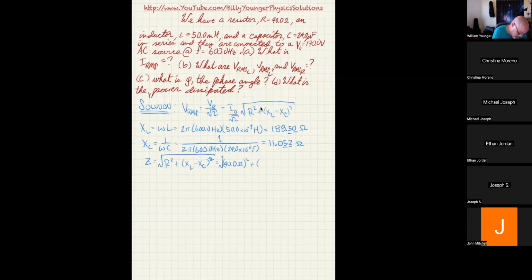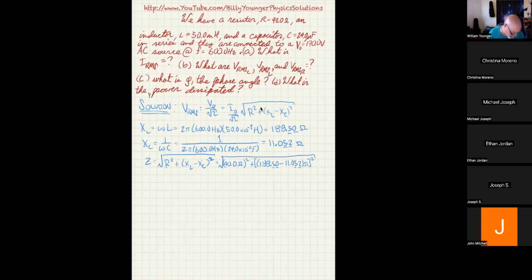And in this case, the XL was much larger. This is 188.50 minus 11.052. Those units, by the way, are ohms as well. I'll put them in that way. And then I got to take the square root of all that junk.